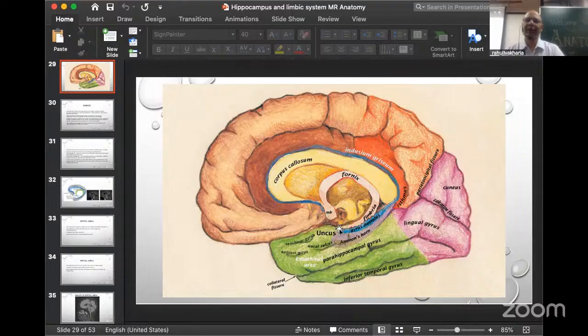This is the fornix, the white matter outflow tract going into the fimbria. From here, fornix, body, column down into the mammillary body. So this entire circuit, starting from the hippocampal and parahippocampal areas till the septal area, is part and parcel of the limbic system.